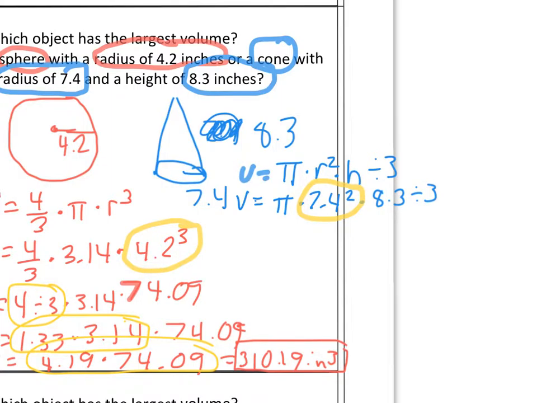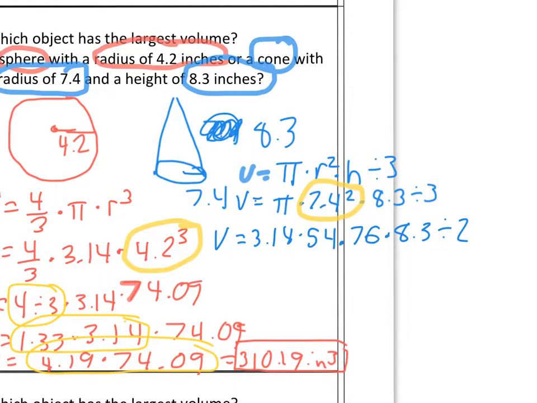So we got 54.76, and let me put that in there. And everything else, let's bring it down. So we got times 8.3, divide 3. And the volume, we got volume equals 3.14 times the rest of that.